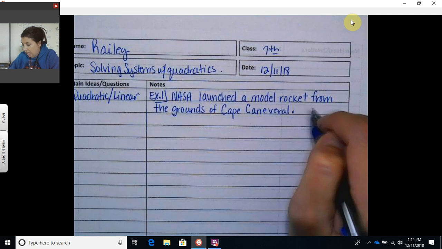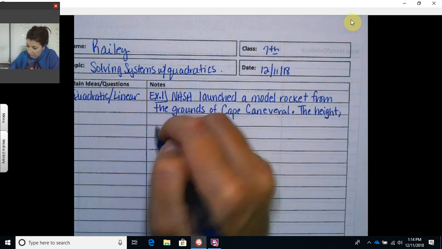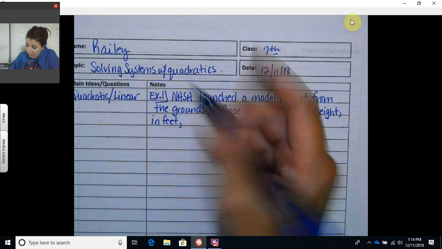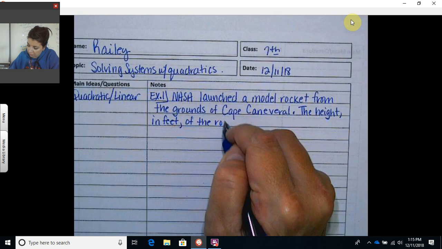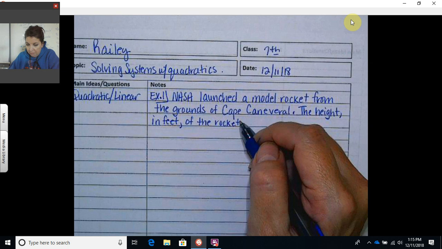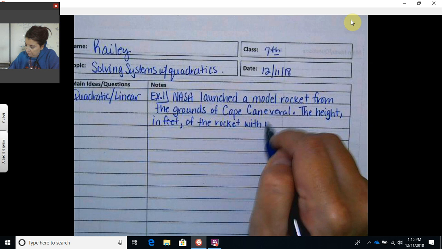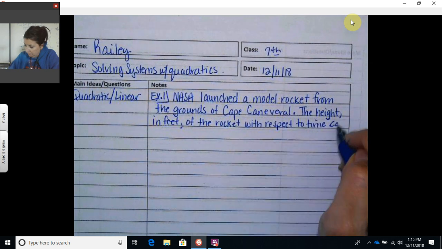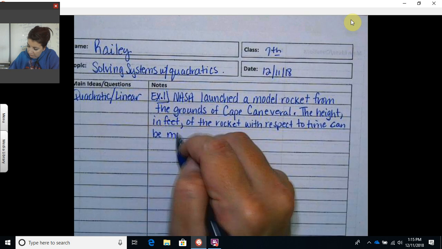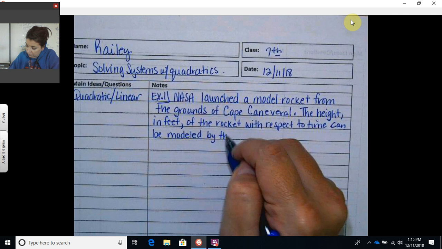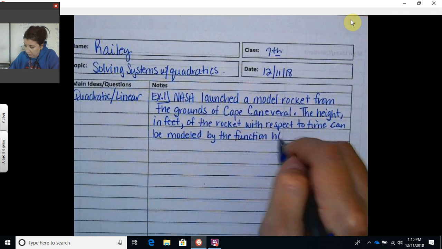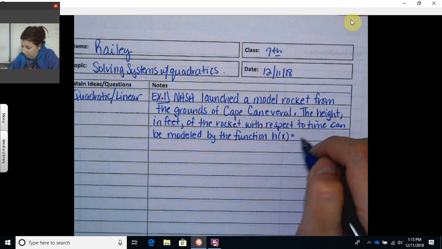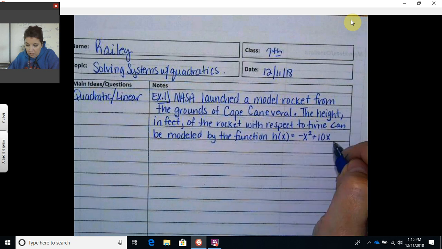The height in feet of the rocket with respect to time can be modeled by the function h of x equals negative x squared plus 10x, where x is time in seconds.